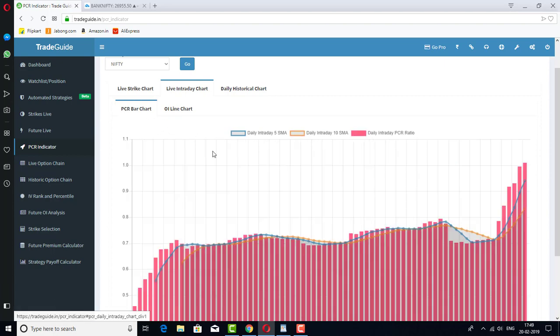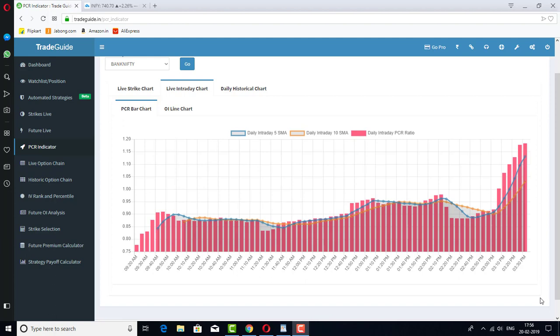You can use the bar chart or the OI line chart. When you use the bar chart, the actual way of using the PCR indicator generally is that whenever you see the red PCR bars giving a breakover above the 5-day moving average or 10-day moving average, any one of them, you can take a buy signal.